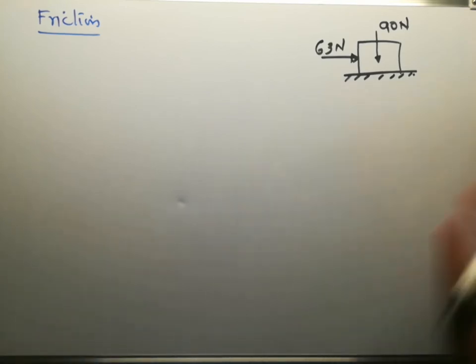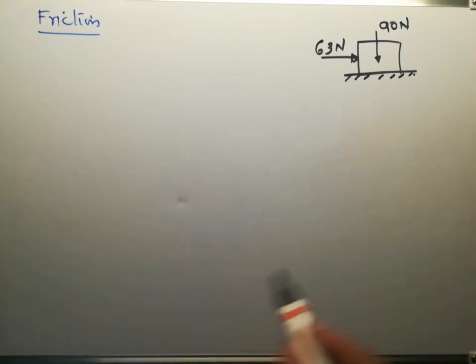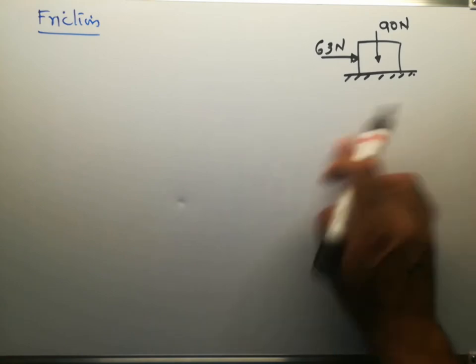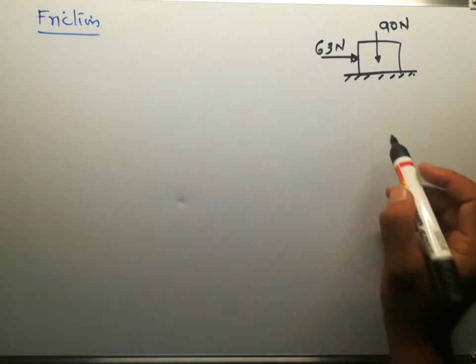For that, the first step is to draw the free body diagram of this body. That means the body should be separated from all the supports, or the supports must be replaced by reactions, and we have to show all the forces acting on the body.